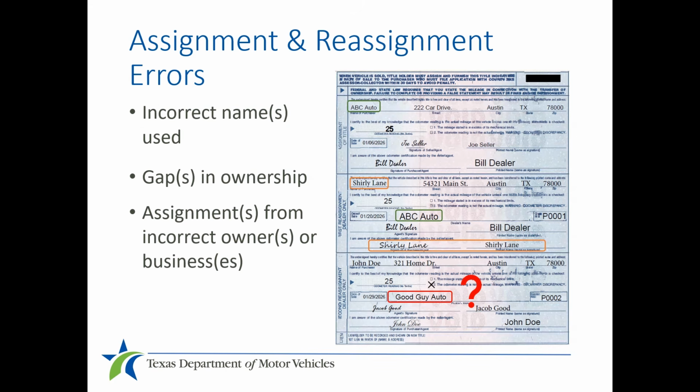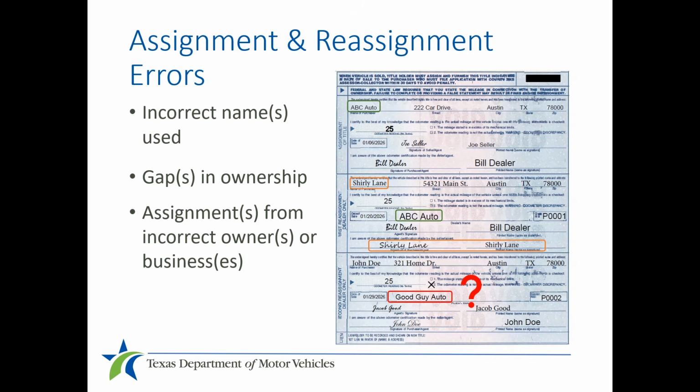One major reason these returns happen is because assignments contain incorrect names, unclear ownership transfers, or signatures from wrong individuals or businesses. In the example shown here, the assignment goes from ABC Auto to Shirley Lane. However, the next assignment goes from Good Guy Auto to John Doe.